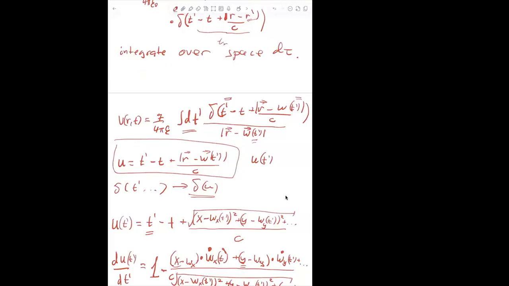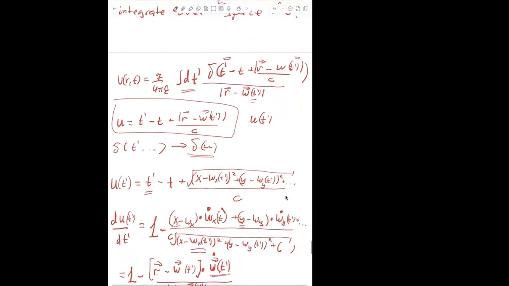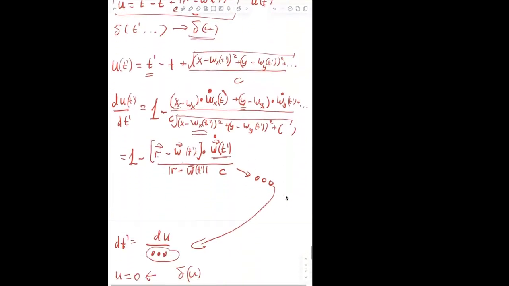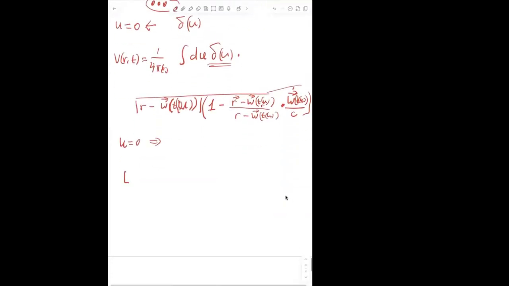And this is nothing but the definition of what we had before, which we call tm. Right? Because if I put here u equals 0, I get t prime, which is equal to tm, defined by this equation. Tm, this is just a change of notation, t minus r minus w tm divided by c, QED.